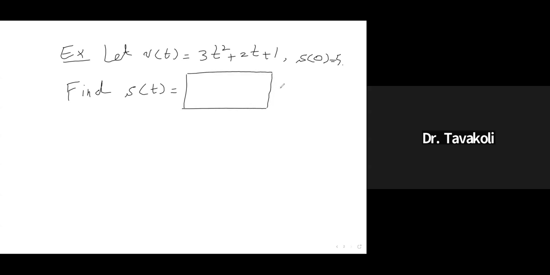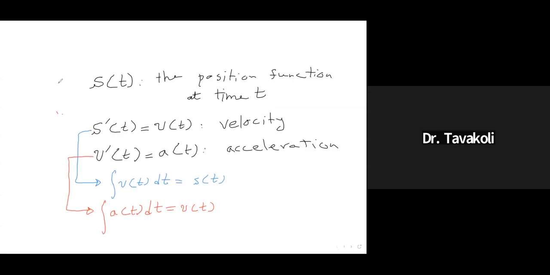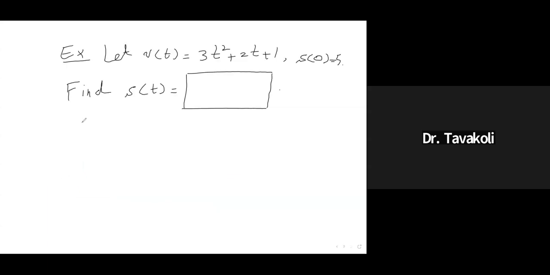I want to write an equation for s of t. From the previous slide, remember that the integral of v of t is s of t. So to find s of t, I just integrate v of t, which is 3t squared plus 2t plus 1 dt.